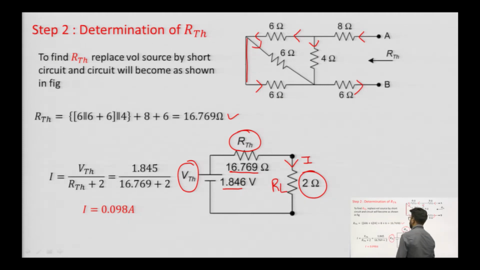So, 1.845 divided by 16.769 ohm plus 2, and we will get the value of I as 0.098 ampere. This is how we find the value of Thevenin voltage and Thevenin resistance.